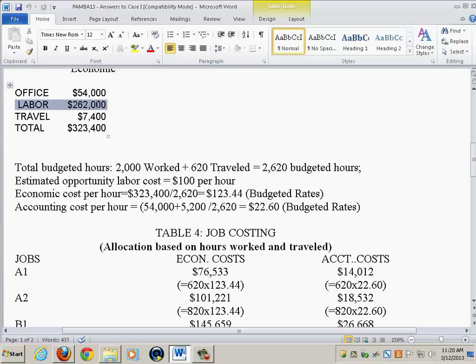Remember, the economic approach says opportunity cost is a real cost. We're going to include opportunity cost whenever appropriate. And the labor costs here are opportunity costs. The labor costs that you put on behalf of your business, because you're the only one who's working there, that you provide consulting services to customers A and B, the hours that you put in for your business.